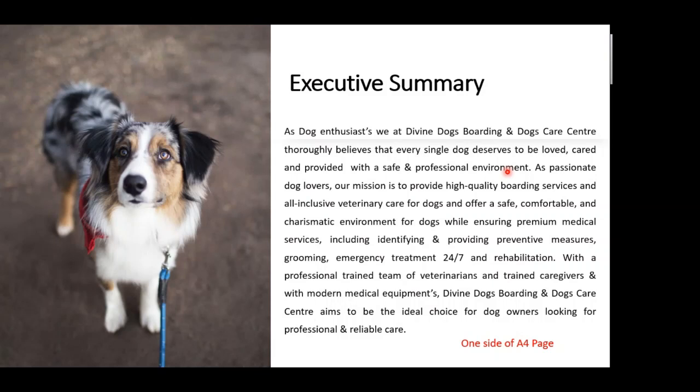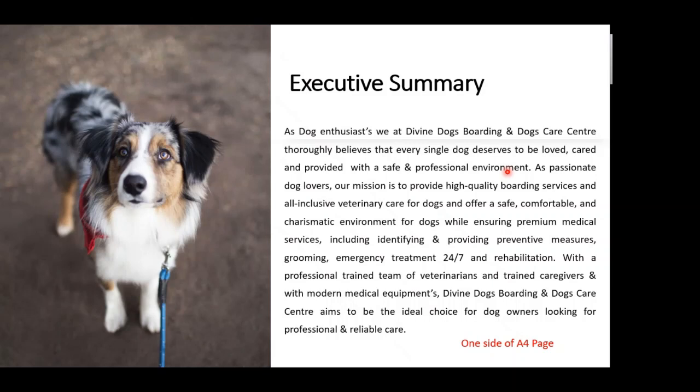So through your executive summary, you should be able to create a good flavor, a good attraction for the people who read your business plan. The busiest people, like investors who go through your executive summary, should feel, okay, I should read more about this report.